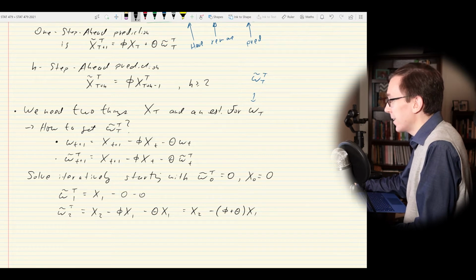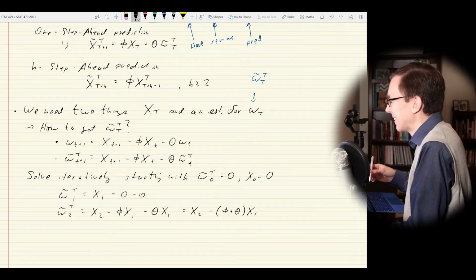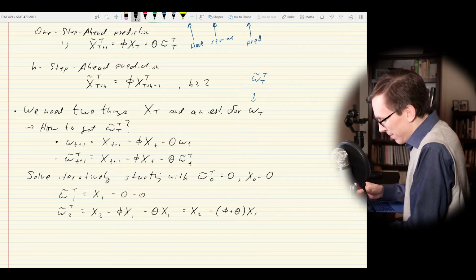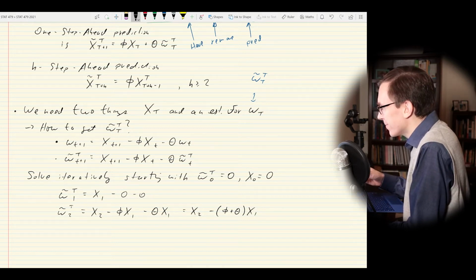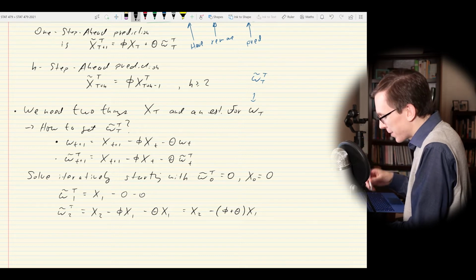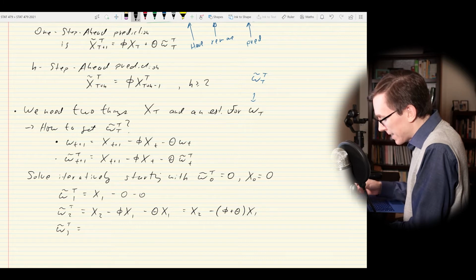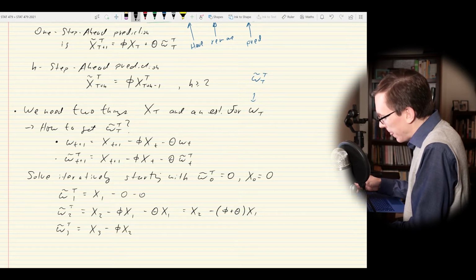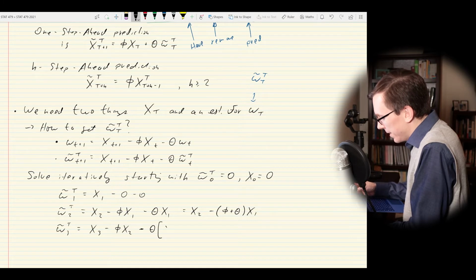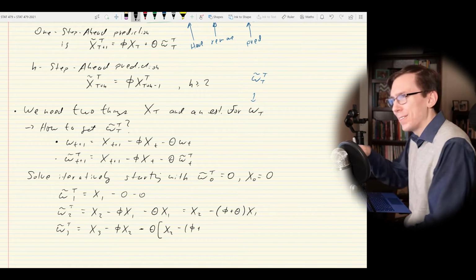I have the actual formula here. Oh, well, no, that's something slightly different. I'm going to write one more out here because I think it's interesting and hopefully enlightening to see that if we continue iterating, we're going to get an x3, we're going to subtract our phi x2, and then we're going to subtract theta times the previous white noise estimate, prediction, I never know what to call w tilde, right?